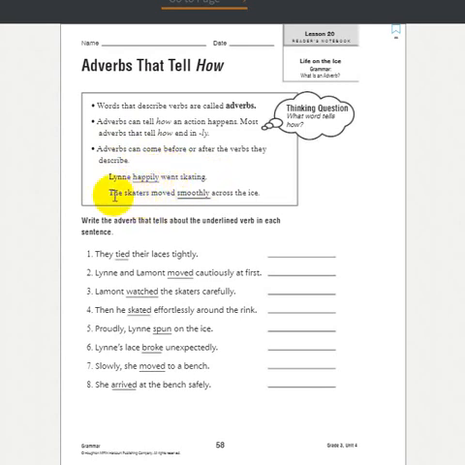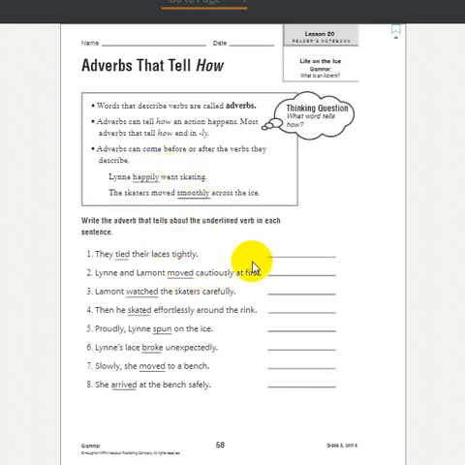Another example. The skaters moved smoothly across the ice. So, our verb here is moved, and the adverb is smoothly. It describes the verb moved. So sometimes the adverb can come before the verb or after the verb, okay?